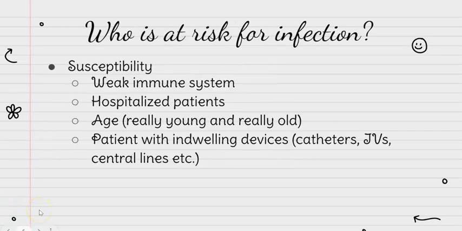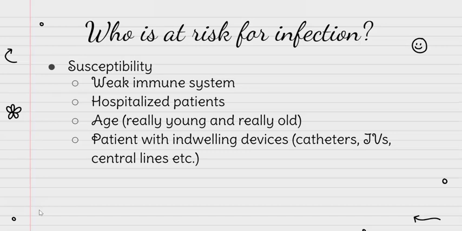So who's at risk for infection? Well, a lot of people are at risk for infection. We all are, technically, because we're exposed all the time. However, there is a susceptibility. Some people are more susceptible to pathogens than others. For example, those with weakened immune systems, patients who are hospitalized.